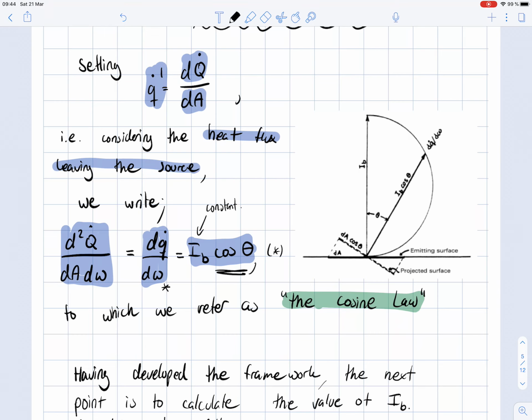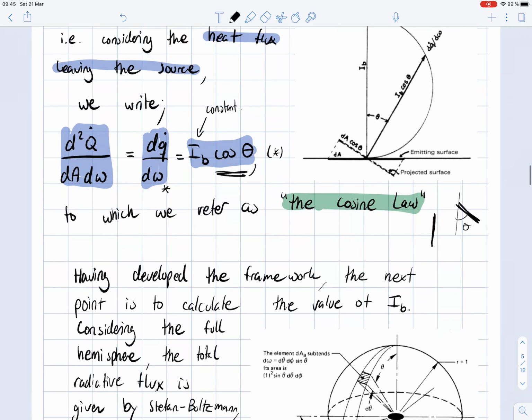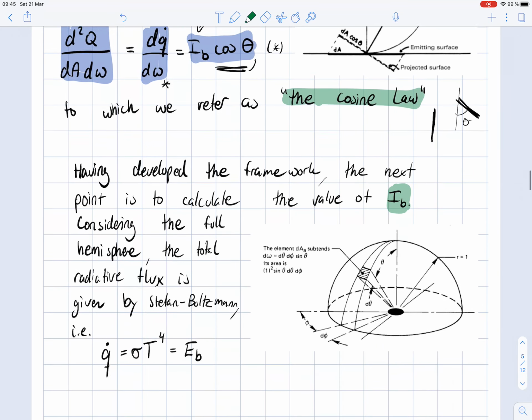So this is essentially the whole framework. We will be using that to determine how much radiation hits us from a specific angle, which is useful with respect to the scope of this lecture, which was to treat a general situation where we have one plate which can be vertical and another plate at a given angle, right? So we have an angle between these plates. But before we go into those details, we will actually calculate what the value of IB is.